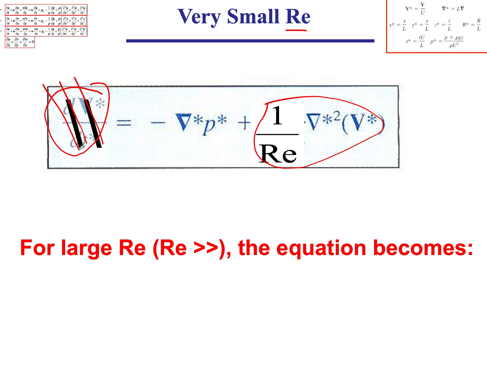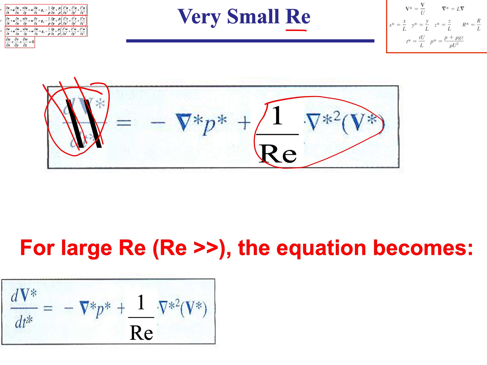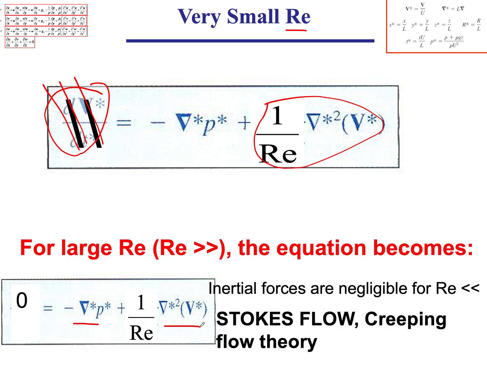So my equation boils down to, this is 0. So this is my equation. So we have the pressure forces and the viscous forces. And this is another theory that describes flows that are creeping.